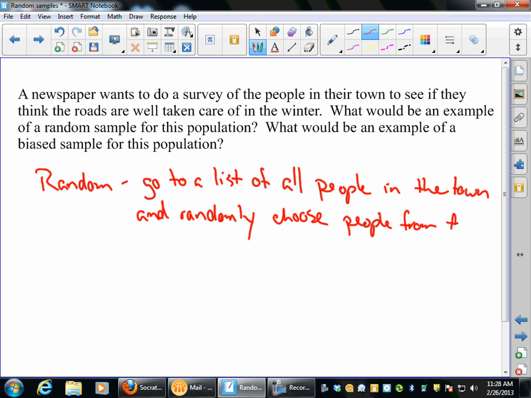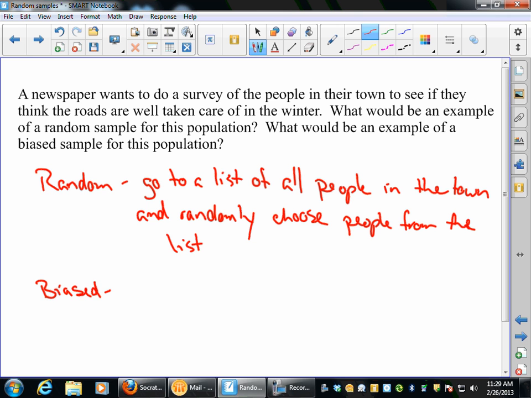It would obviously not make sense to try to survey every single person that lived in a town. But if you just take a list of all of them and pick a handful randomly, it's easy to do and it still represents everybody.